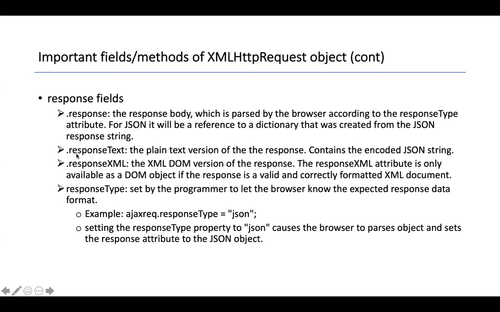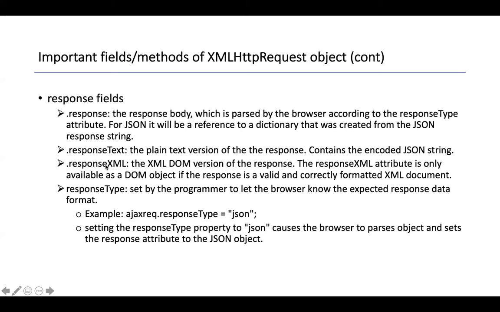Now, the plain text version of the response is in the responseText field, and that will contain the encoded JSON string, which you normally don't care about because you'd rather just access it as a dictionary. But if for some reason you just have a plain text response with no JSON encoding, you would find it in this property.